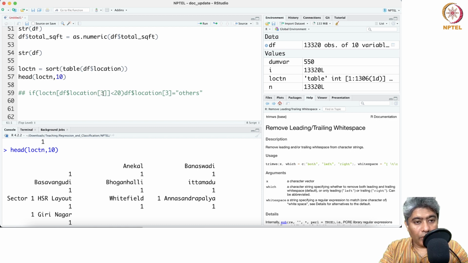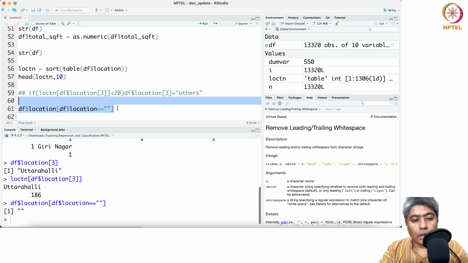So if I just say df location equal to quote unquote, and df dollar location, okay, so there is one case.